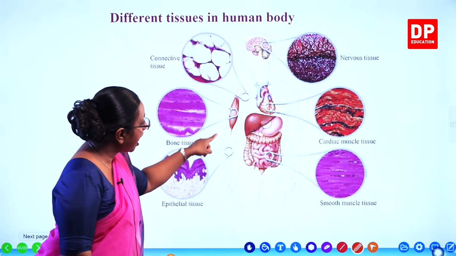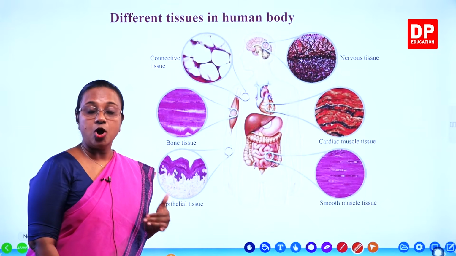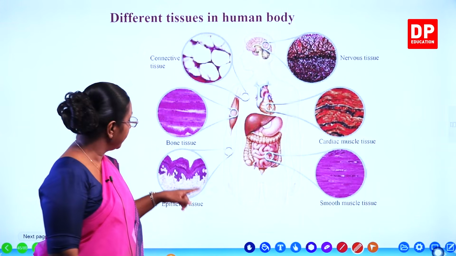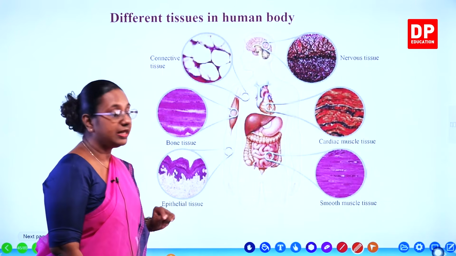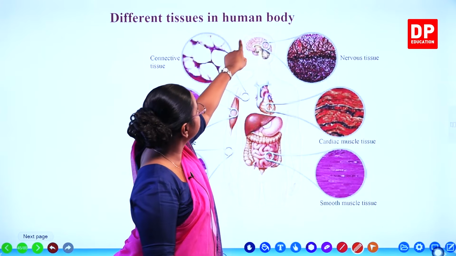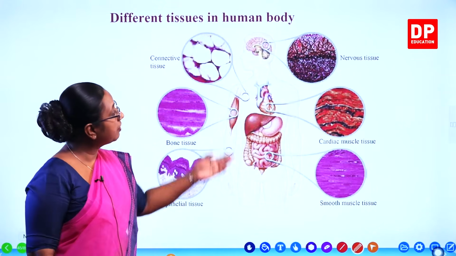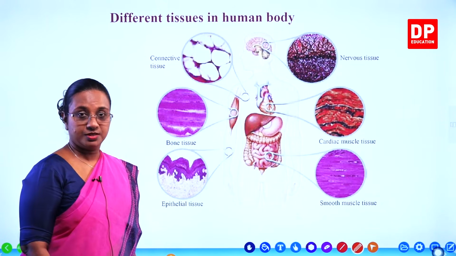Epithelial tissue: the outermost layer of our body, that is the skin or epidermis of the skin, is made up of epithelial tissue. On this side, you can see the brain of a person, that is made up of nervous tissues.